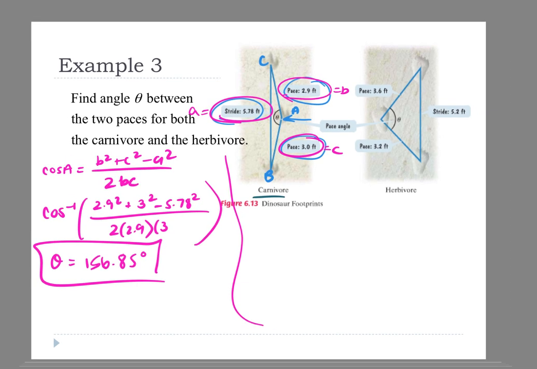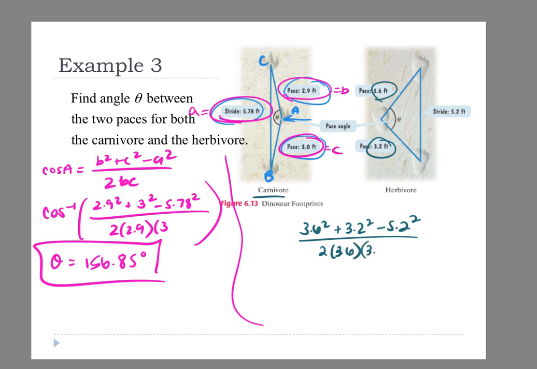Then the angle of the herbivore would be, again, the two sides next to it. So 3.6 squared plus 3.2 squared minus 5.2 squared over 2 times 3.6 times 3.2. And then we're going to cosine -1 that whole thing.